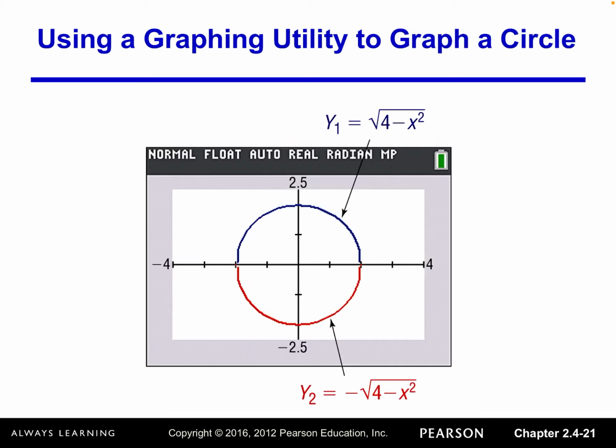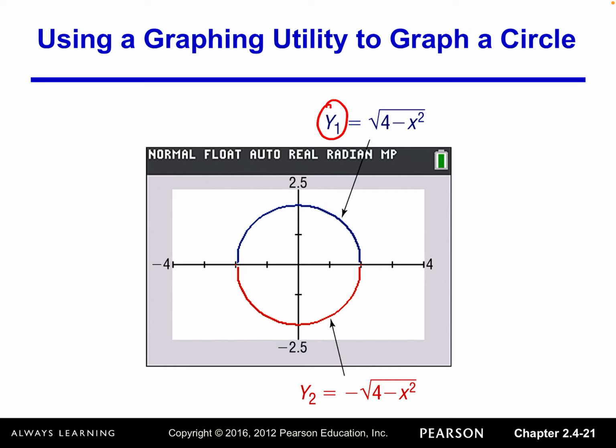And of course, we can use a graphing utility, which is a graphing calculator, to graph a circle. But the problem is, on a graphing calculator, when we define the y, it must be a function. Okay, a circle is not a function, but half of the circle is a function.